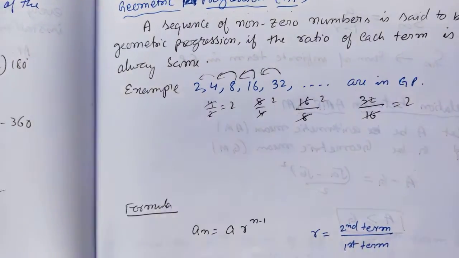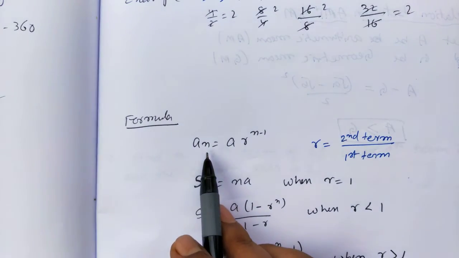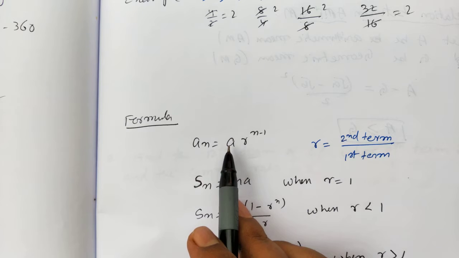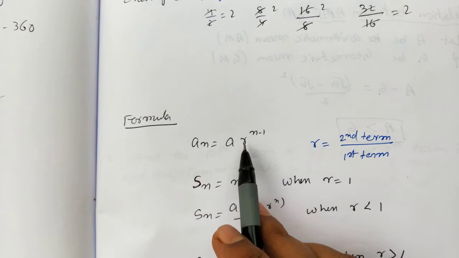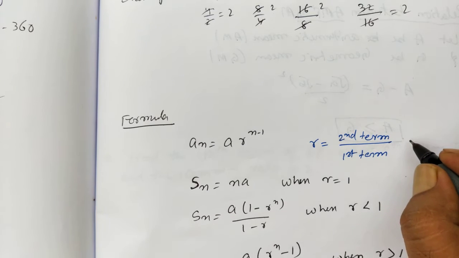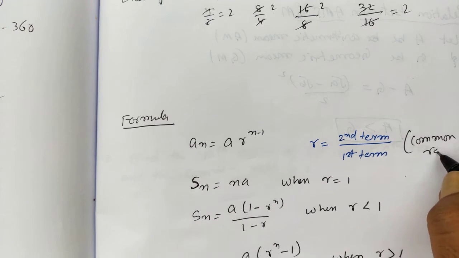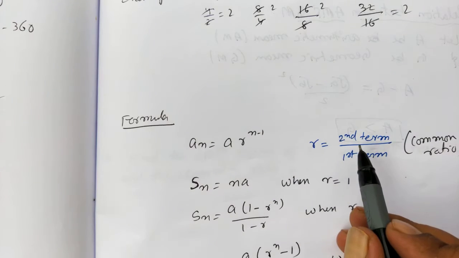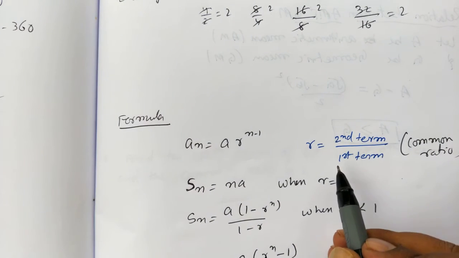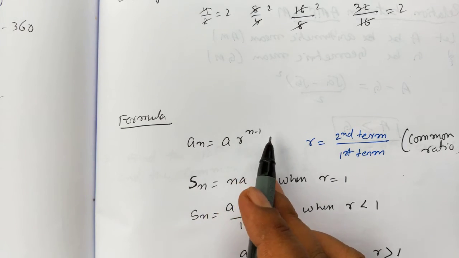Now let us learn some formulas for this exercise. An means nth term, we get a r^(n-1). R is nothing but the common ratio, and you find this common ratio by dividing the second term by the first term. So the nth term in GP is a r^(n-1).